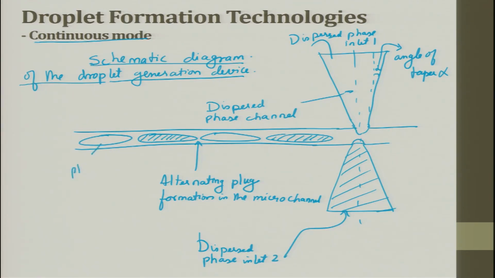This is inlet phase 1 and this is phase 2. So, you see the continuous phase. This is the continuous phase inlet and the two dispersion phase inlets are shown here. The angle of taper is denoted by alpha.